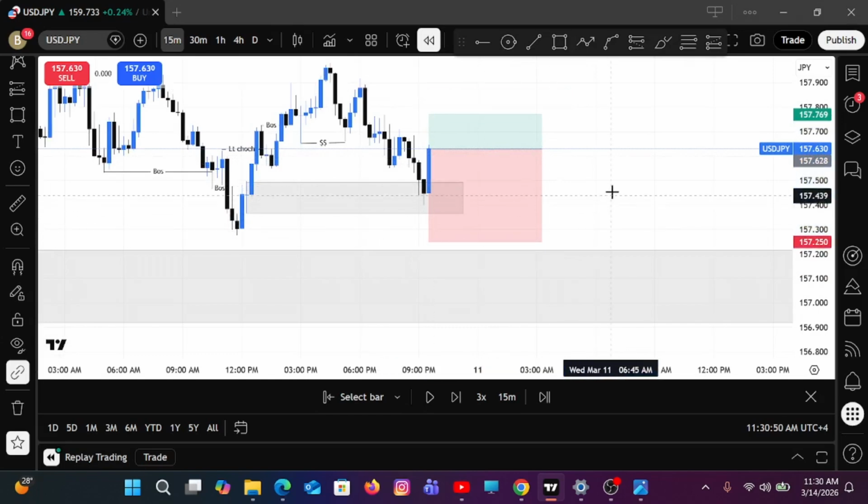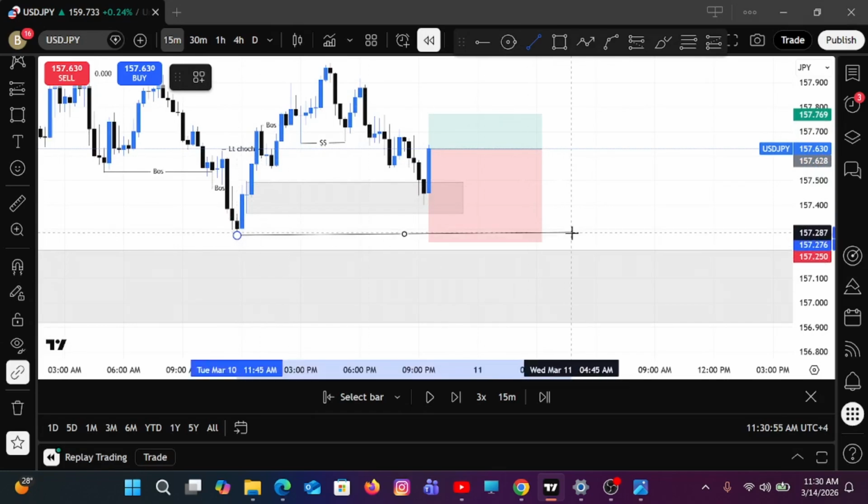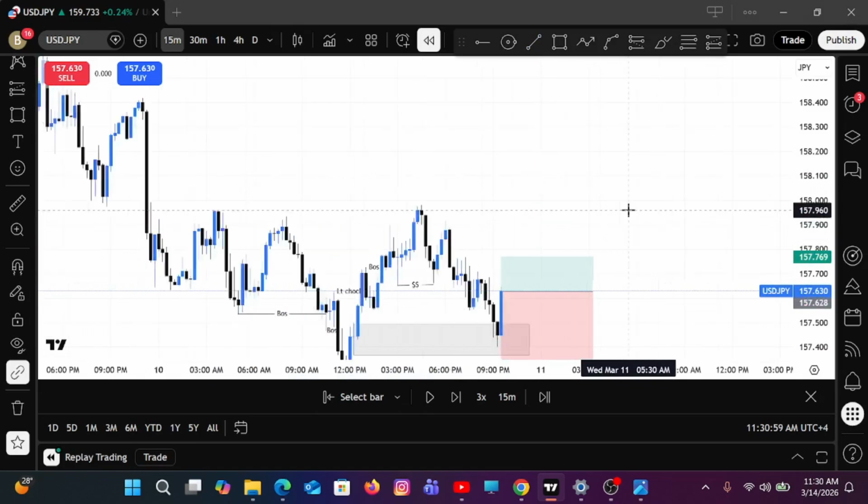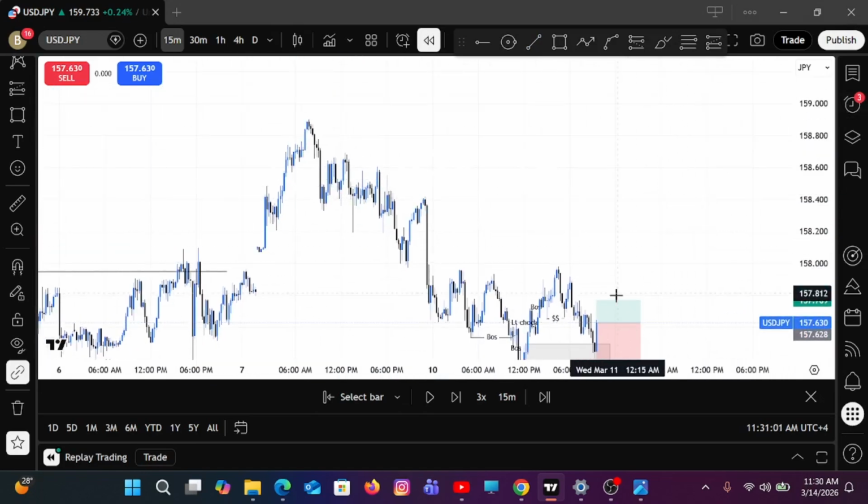Then my stop loss has to be below this low, just a little bit. Then I'll be targeting this high.